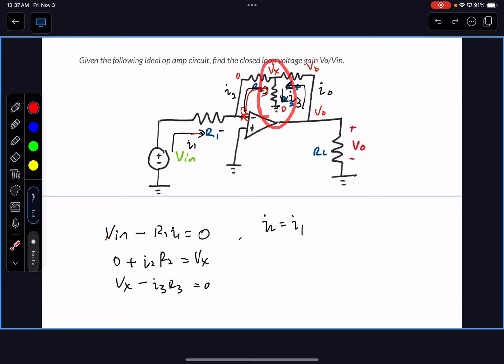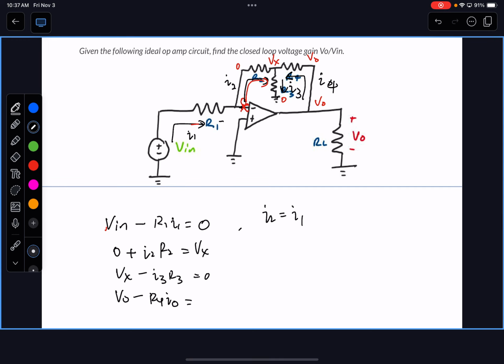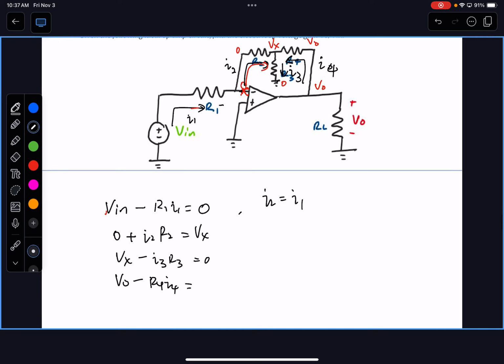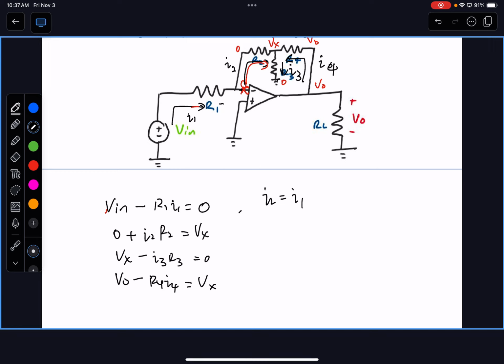This loop right here. And then lastly, we look at this part. V naught minus R4 I4 equals to, I'm going to name this I4, just so we have the naming convention same. Okay, that gives me Vx.